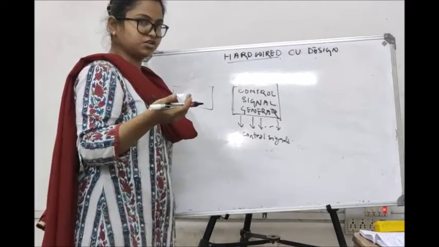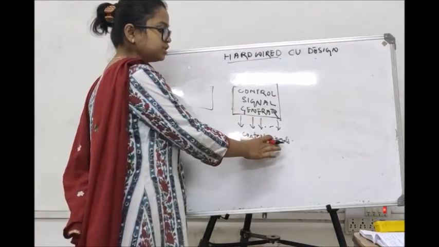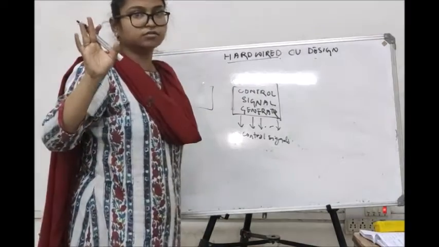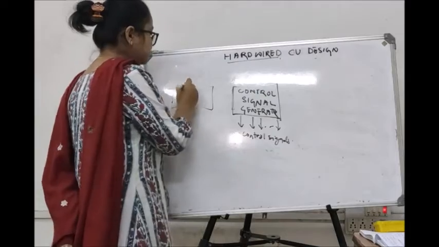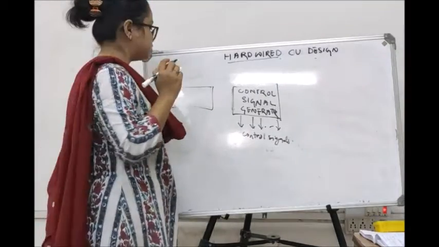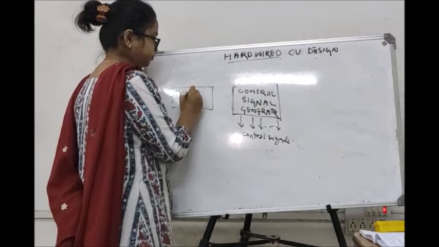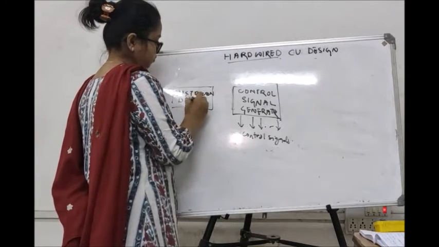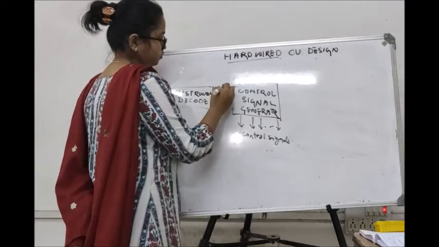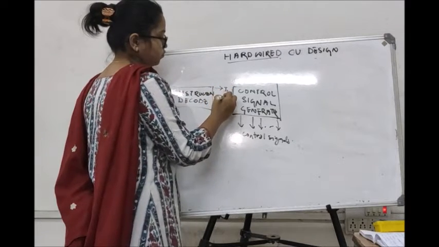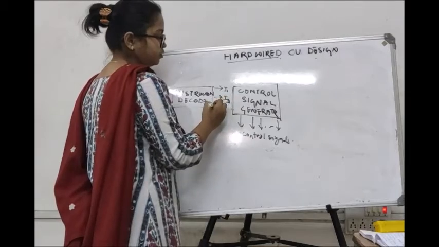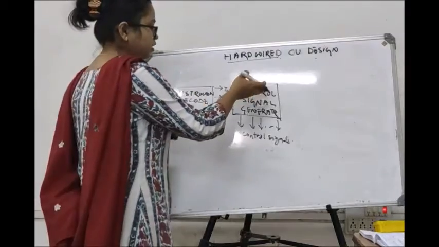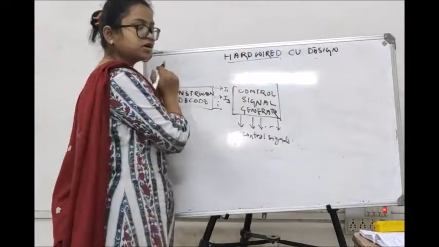Suppose it is an arithmetic instruction; accordingly, control signals will be generated so that the arithmetic and logical unit is activated. So the generation of control signals is based on the instruction code. Various instructions, I1, I2, go into the control signal generator, and accordingly it generates the control signals.